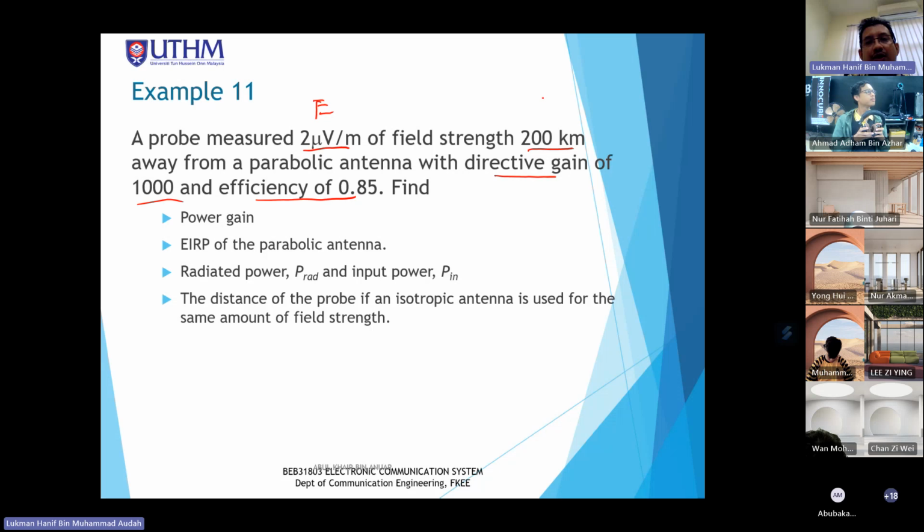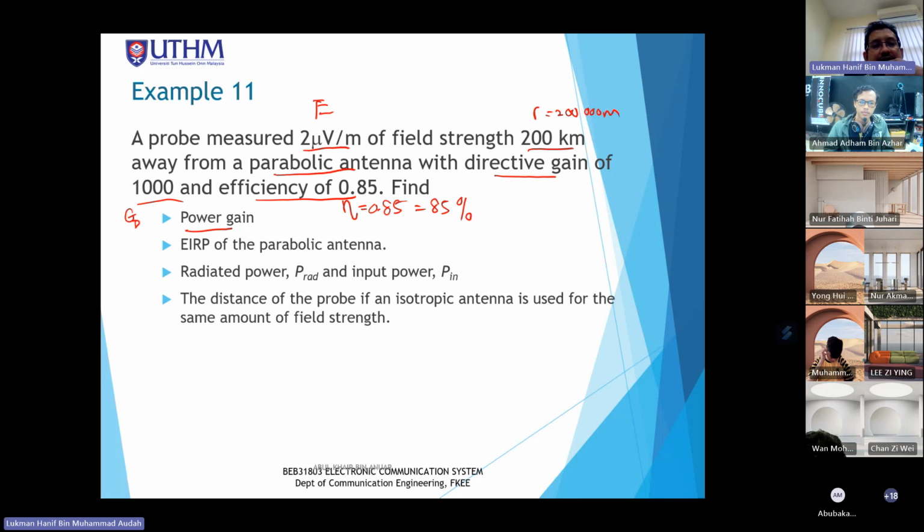You are given the distance R, which is 200,000 meters away from the parabolic antenna. And you are given the directivity gain, GD, and the efficiency equal to 0.85, or 85%. Find the power gain, GP.